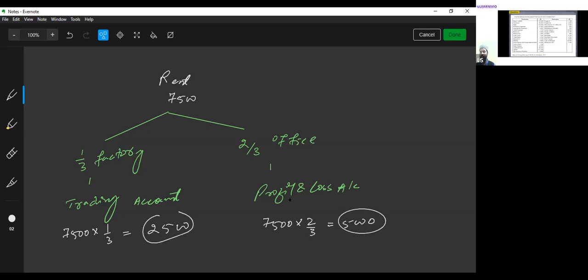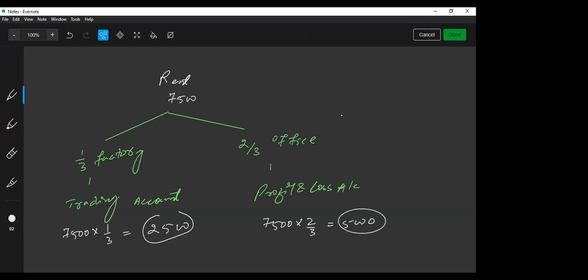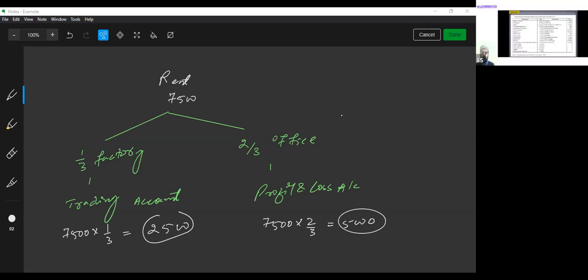Is that clear, everyone? Anybody having any doubt? Alexander, Steve, Hamad? Yes, sir. Okay. So guys, please record 2500 in the trading account by the name of rent. Then again, record 5000 in the profit and loss account on the debit side by the name of office rent.